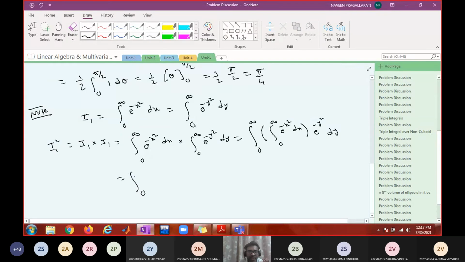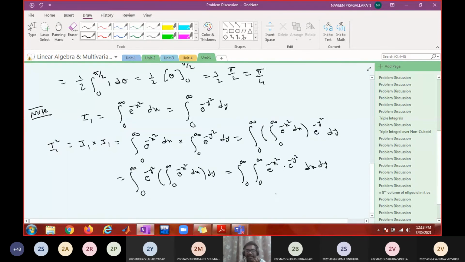So this is integral from 0 to infinity of e power minus y square, times integral from 0 to infinity of e power minus x square dx, dy, or I can write this as the double integral from 0 to infinity of e power minus x square into e power minus y square dx dy. Do you agree?